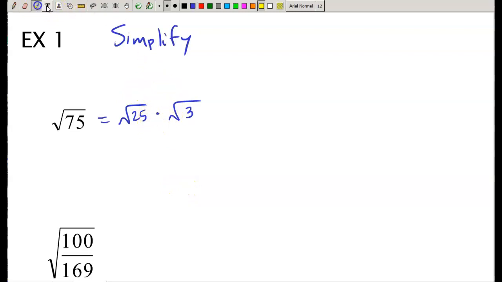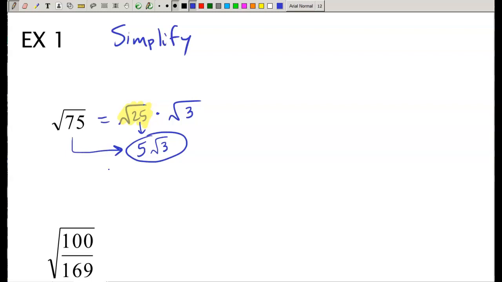And the key here is that one of those is a perfect square. So the square root of 25 comes out as 5, right? So that comes out as a perfect square. And the square root of 3 cannot be reduced anymore. So this would just stay as root 3. And my answer, in order to reduce that radical, is going to be 5 times root 3.